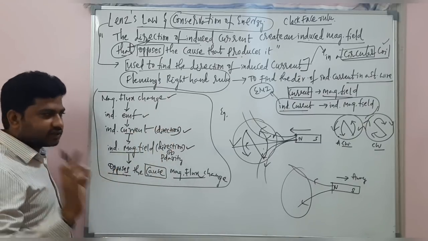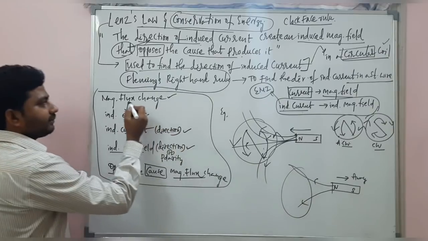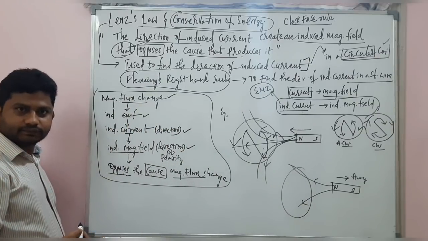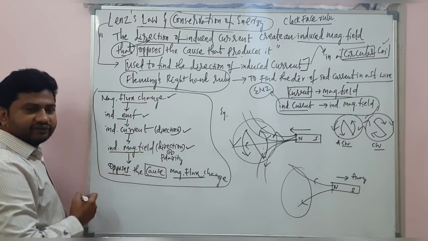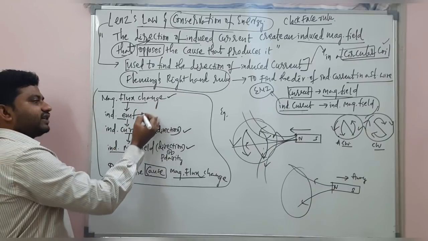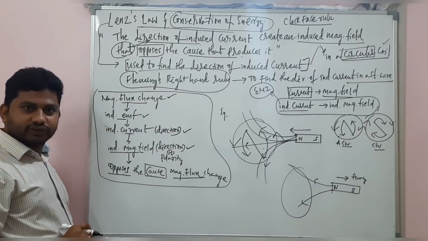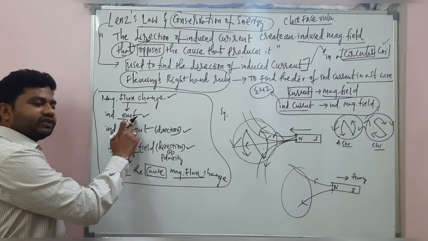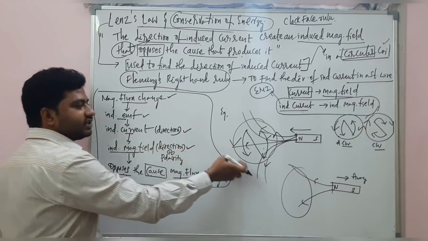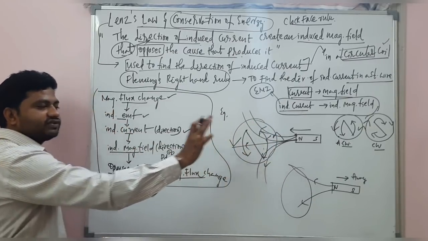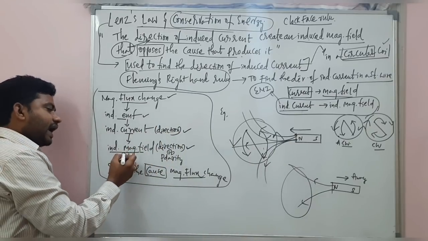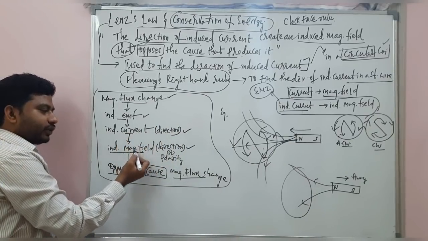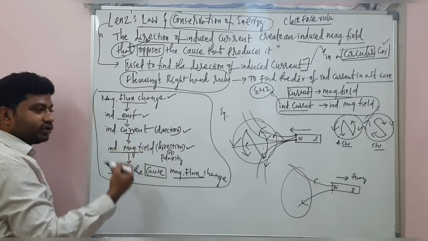Magnetic flux change. Yes, due to the movement of the magnet, there is a magnetic flux change. Because of the magnetic flux change, induced EMF is produced. Because of induced EMF, induced current is produced. Yes, induced current direction is anti-clockwise, we found. And induced current will produce induced magnetic field.